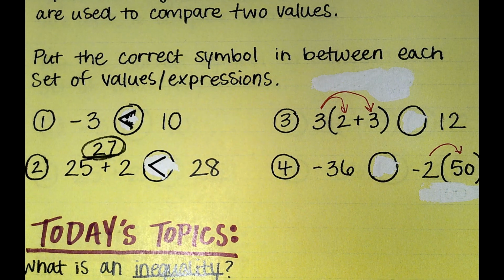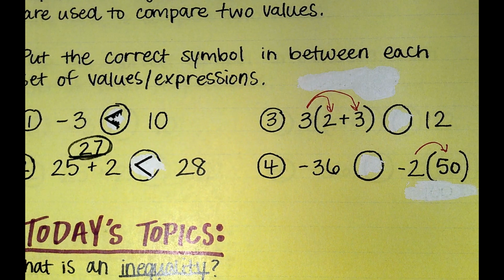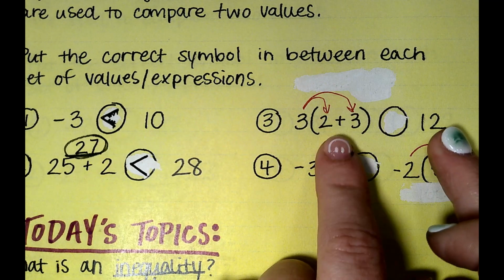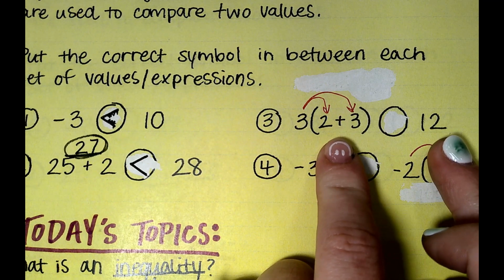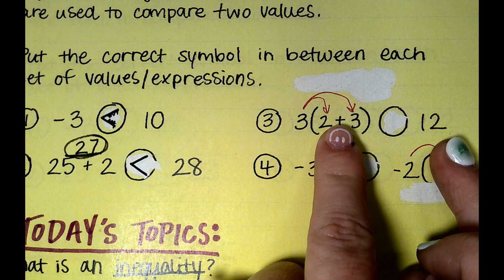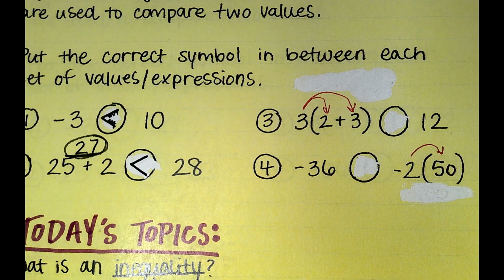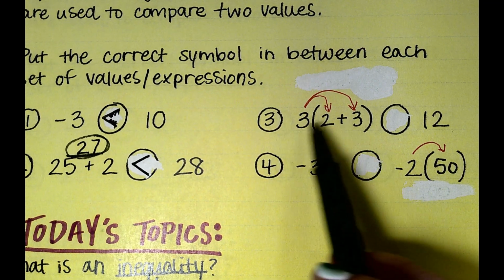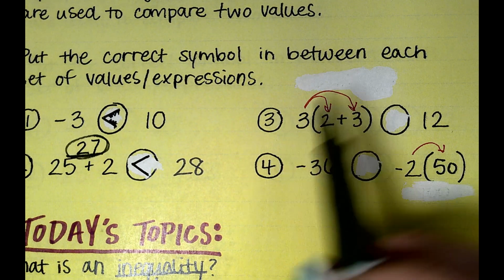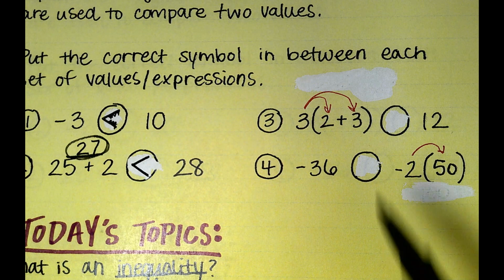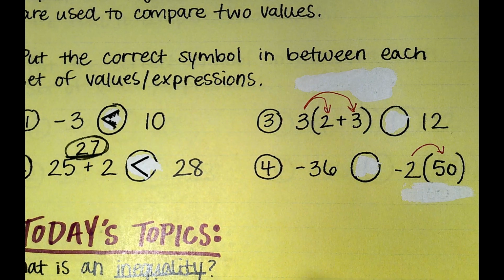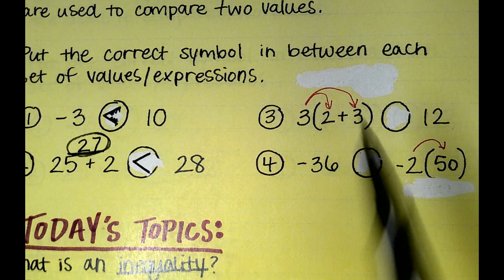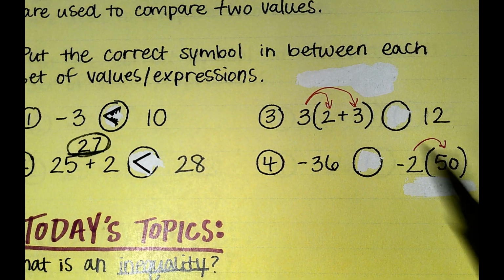Okay. Now number 3, we have two different values being compared. Before we can compare, we need to figure out what this number is for 3 times the quantity of 2 plus 3. There's a couple different ways we could do this. I drew some arrows because you could do it by distribution, but we could also just use the order of operations. And since 2 plus 3 is in parentheses, we could do that first.